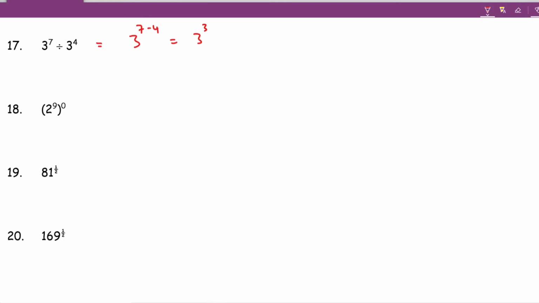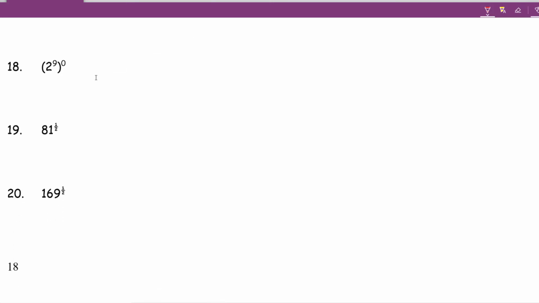Now, question 18, just be careful. When you've got 0 there, you've got 2 to the power 9 times 0. Anything times 0 is 0, so 2 to the power 0. And any number other than 0 to the power of 0 is going to give me 1. Now, when we've got fractions, also remember that the fraction here means square root.